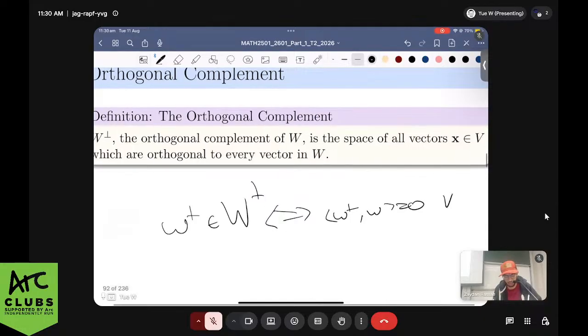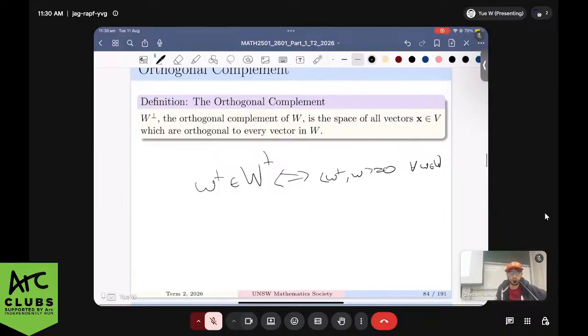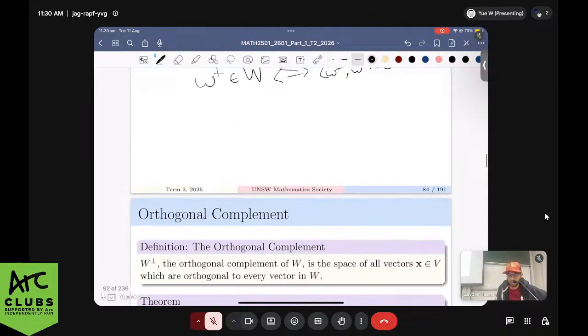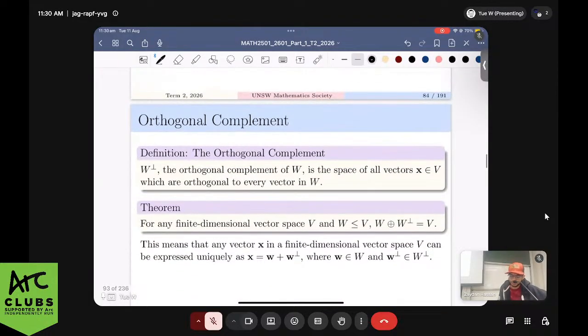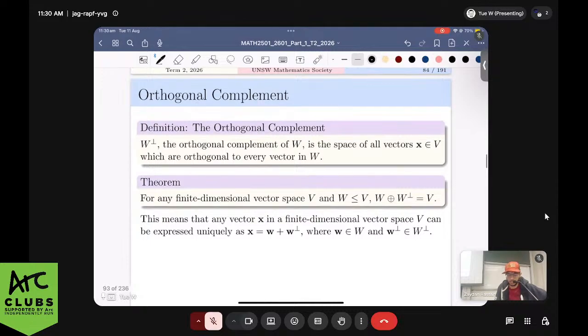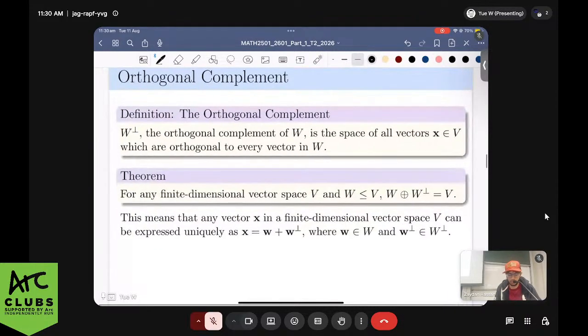Basically, everything in W perp is orthogonal to anything in W. So this is the complementary subspace idea for the orthogonal complement.